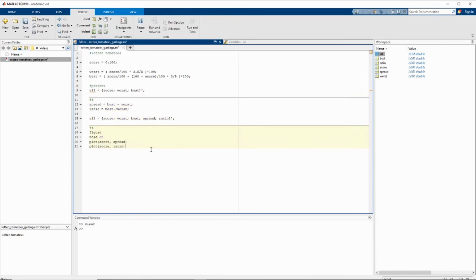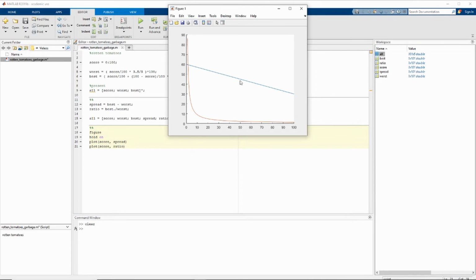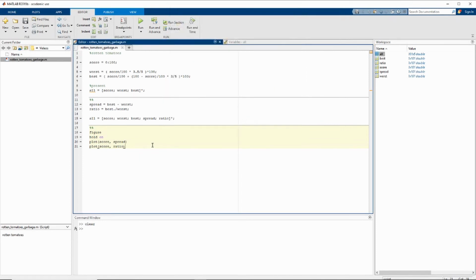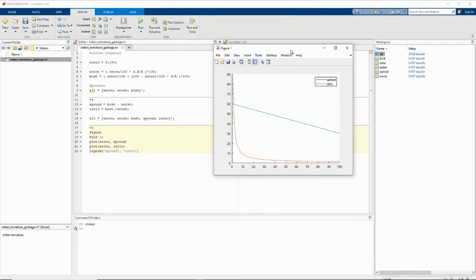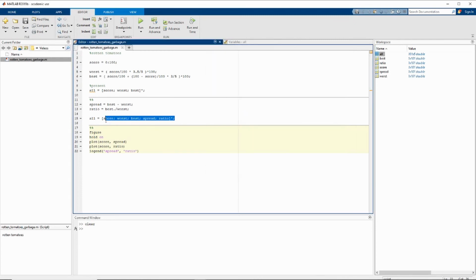All right, so I basically plot, well, let me give you guys a legend. All right, basically, here I'm plotting out these metrics.